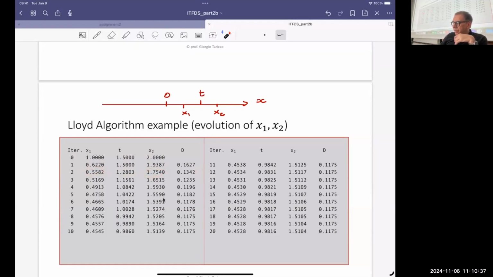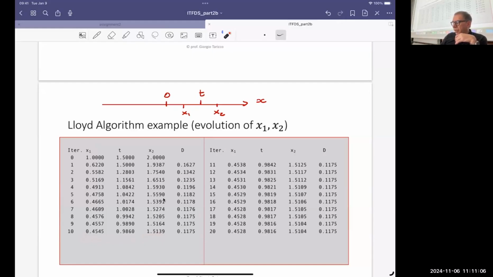until the distortion converges. You can see that the distortion converges at the 8th iteration with 4 significant digits. However, the distortion converges, but the quantization points and the threshold are still different from one iteration to the next.